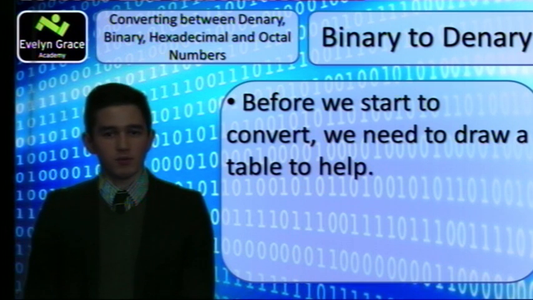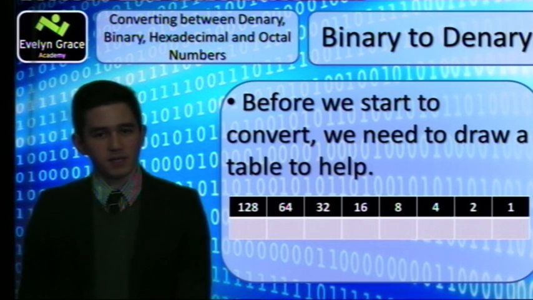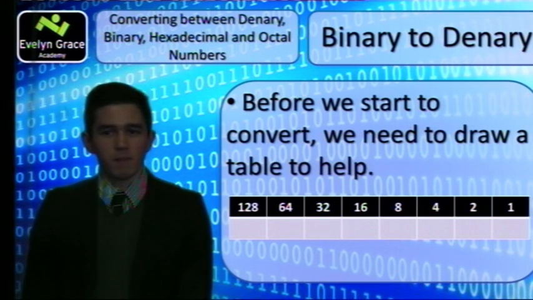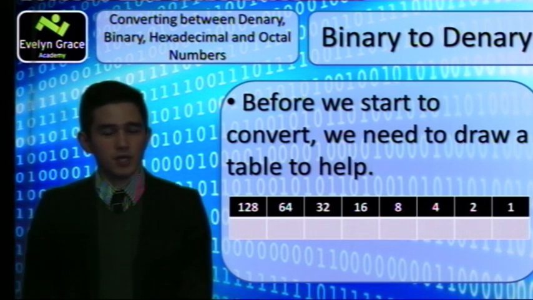First of all, we need to draw a table to help us. Now, this table here will help us to convert an 8-bit binary number. That means there are 8 individual digits in the binary number, and it will help us to convert it to a denary number. Now, the numbers along the top start with the number 1. That is the same as units for our normal denary system.